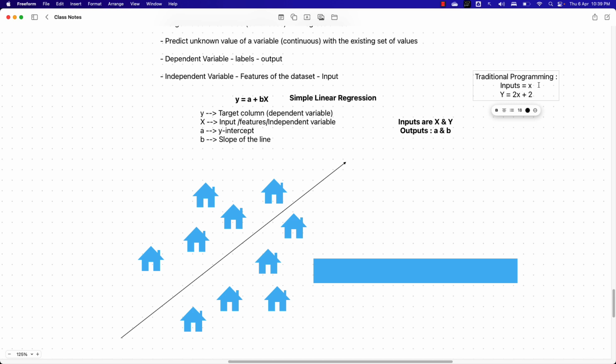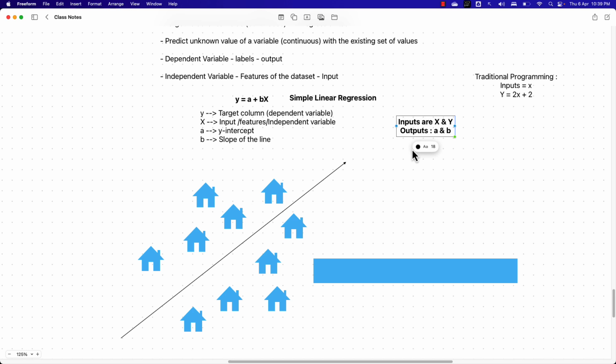Now when I have new data, let's say x is equal to 5, I just substitute this value in place of x and get the output. But in machine learning, I will send x and y, and the values 2 and 2 that you see right here are the values that I want to find. That is the main difference between machine learning and traditional programming.